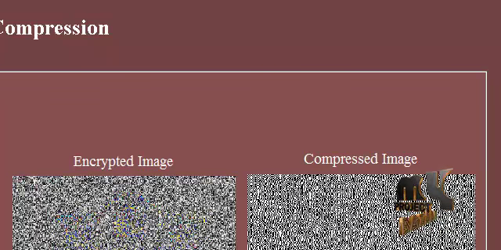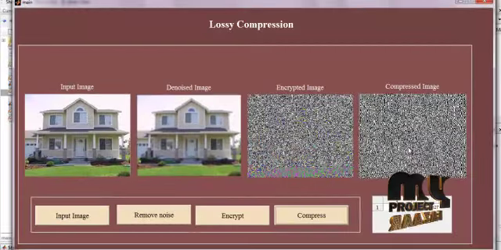For encryption, we are using permutation based encryption, with the same key for the receiver and the sender. So only if the receiver knows the original key can it decrypt the image. Then compression. For compression, we are using DCT based compression.